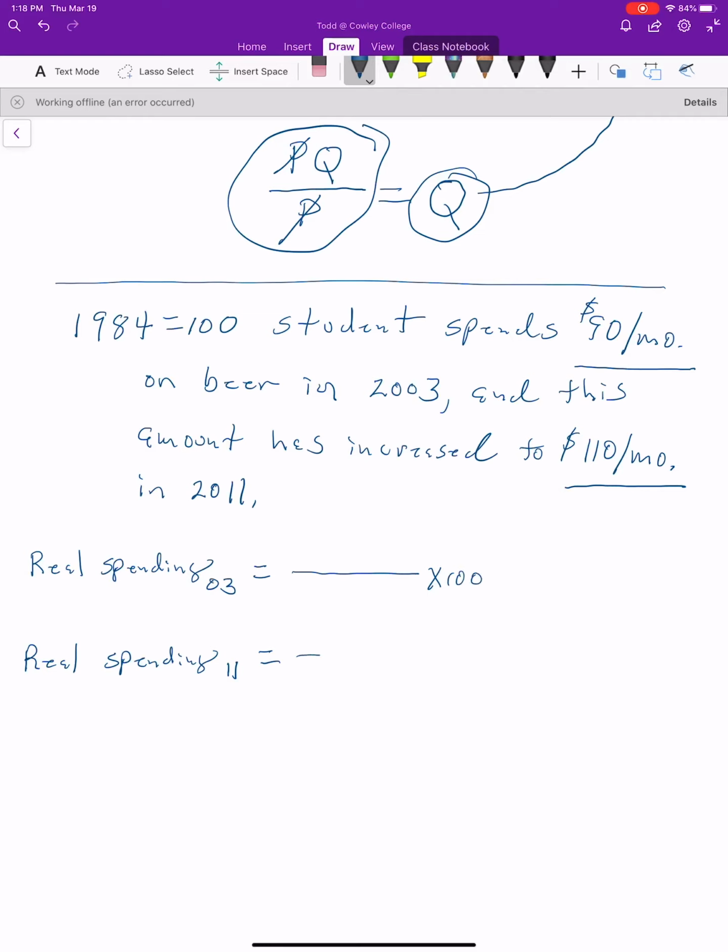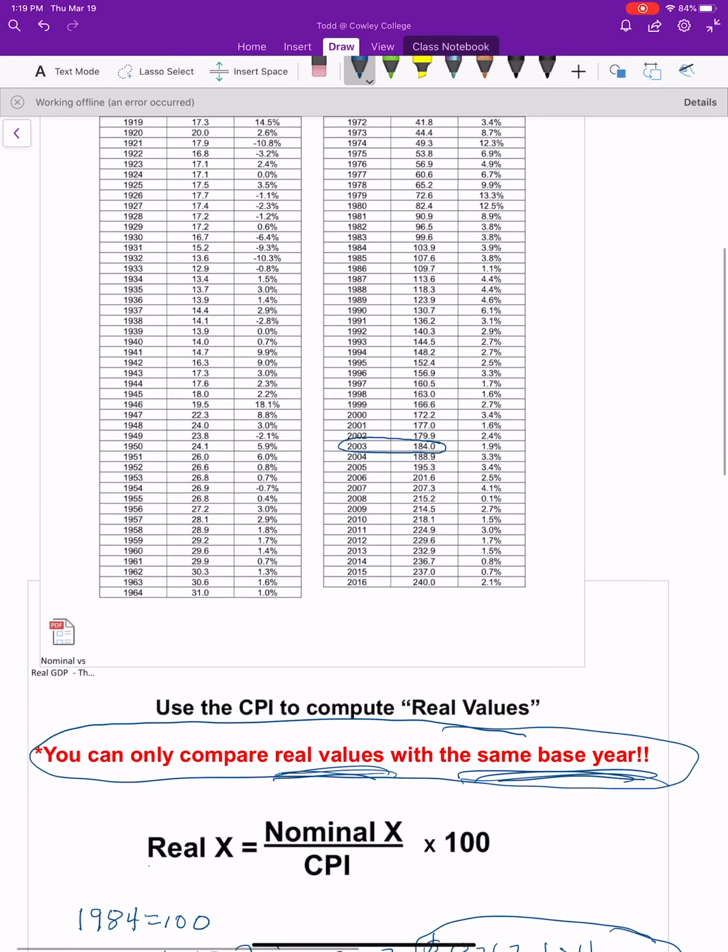All right, so we already know that should be a 100 there. I'm going to go ahead and set up my equation. So we know that real spending in 2003 will be equal to nominal spending in 2003, which is going to be $90, divided by the consumer price index in 2003.